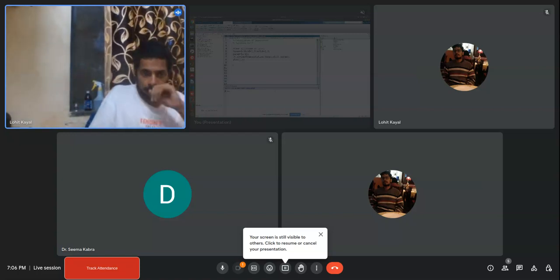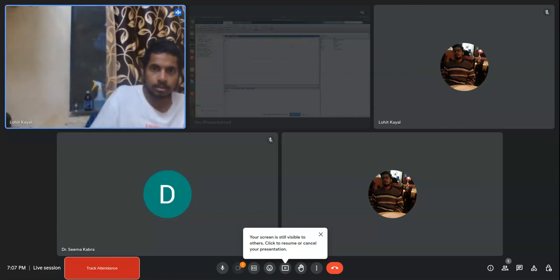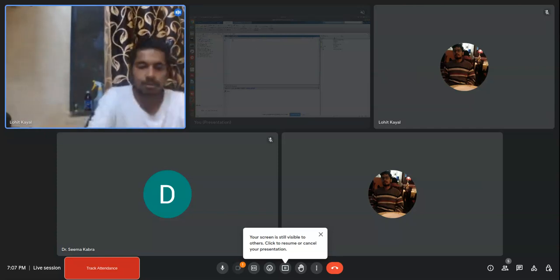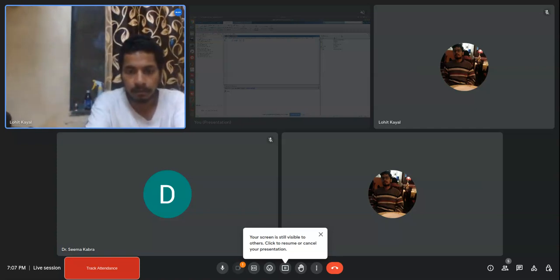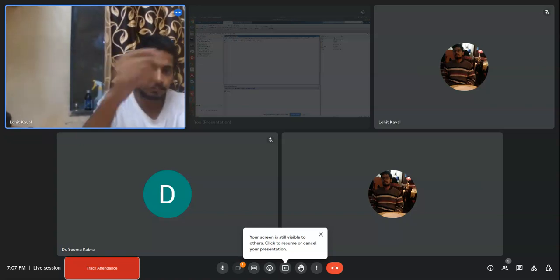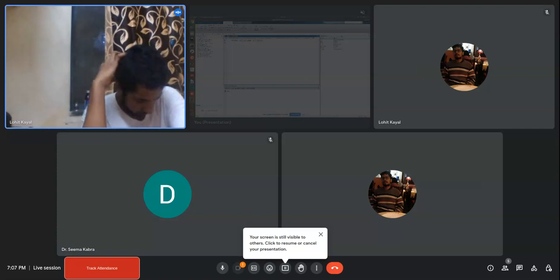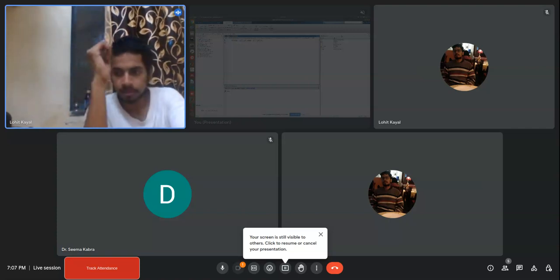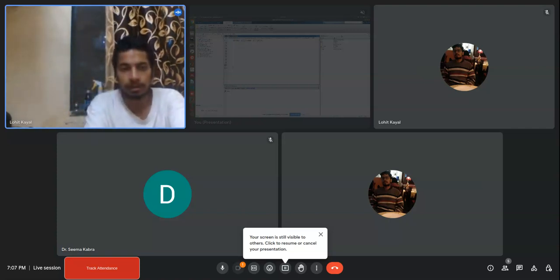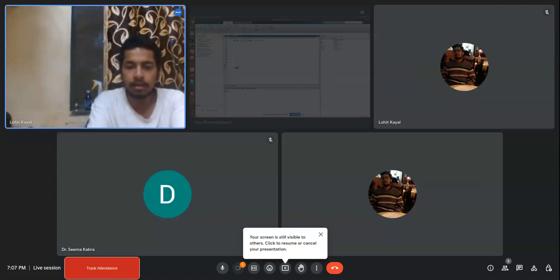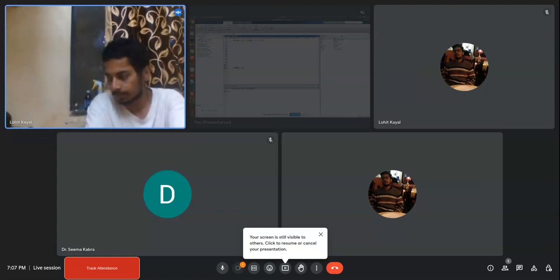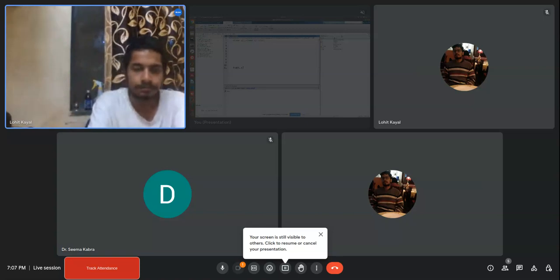Okay. Now let me solve the first problem, that is the population growth problem. First I need to define a function. Let me define the function at the bottom. F equal to at the rate p comma x, because there are two variables, where dx dt equal to ax minus bx square.